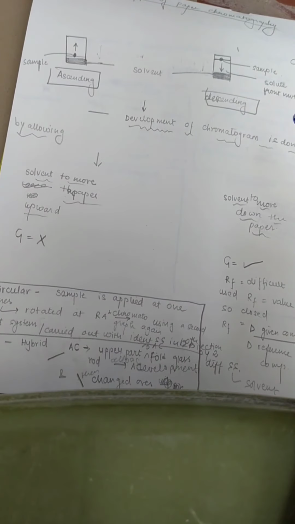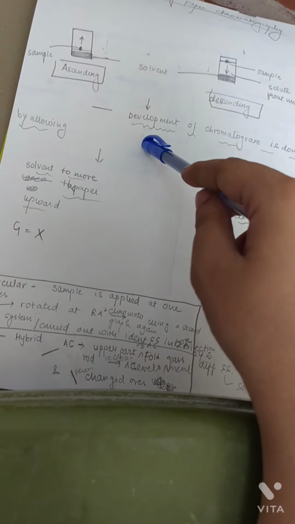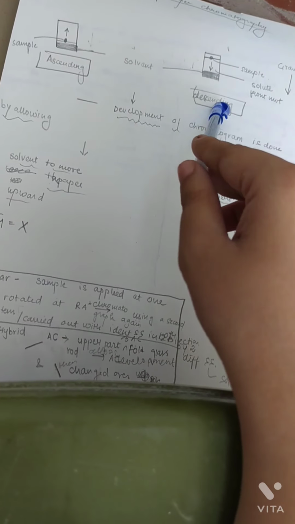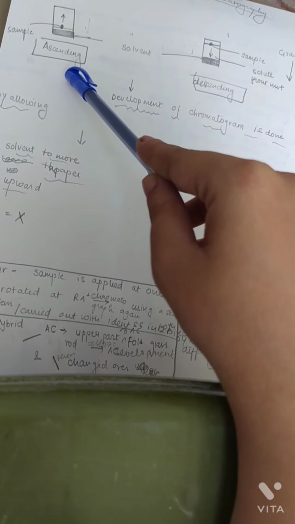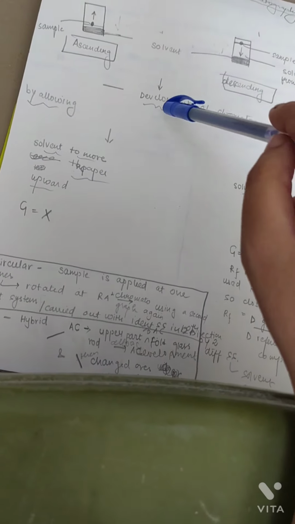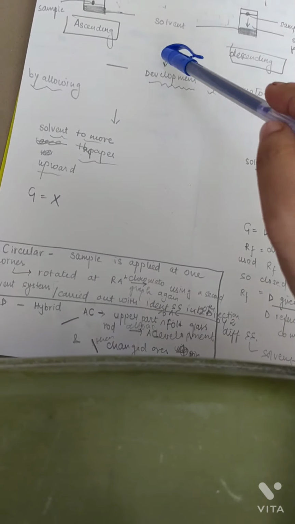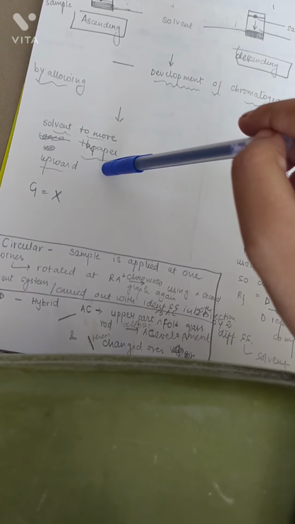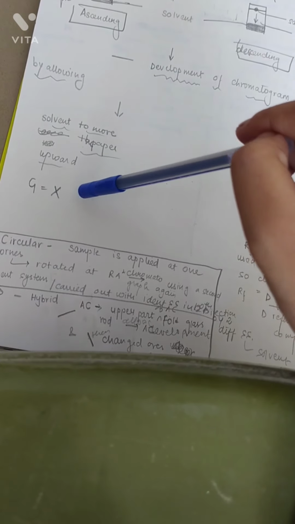Let's quickly summarize the types of paper chromatography. Paper chromatography has ascending as well as descending types. This is ascending chromatography, this is descending chromatography. Another is circular chromatography, and ascending-descending chromatography. In ascending chromatography, the solvent moves upward on the paper and gravity does not support this.